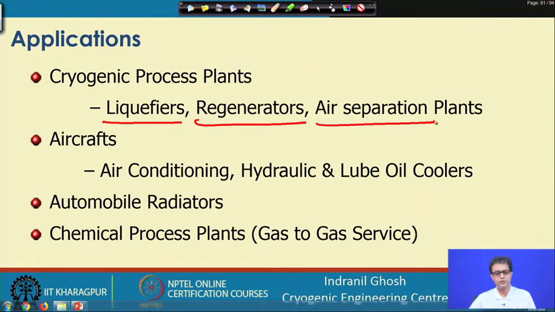In most of the cryogenic process plants, heat exchangers are of very high effectiveness, and most of the time we look for heat exchanger effectiveness around 0.9 to 0.95 or so.